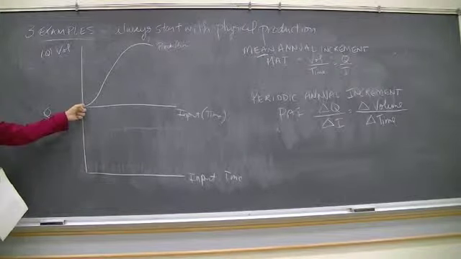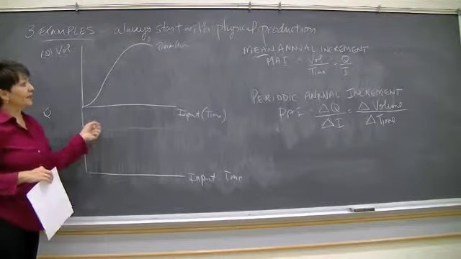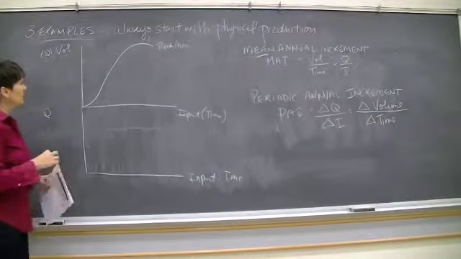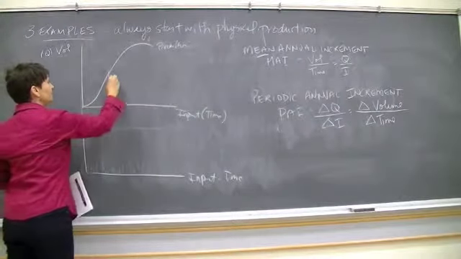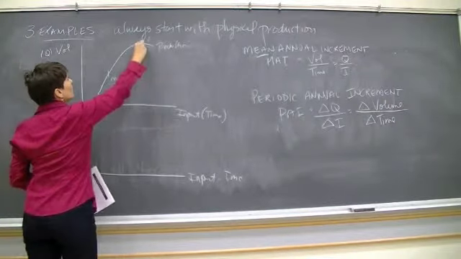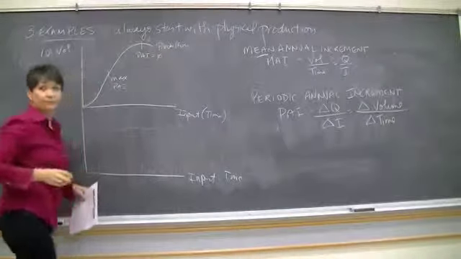So what I want to do is transfer the periodic annual increment and the mean annual increment down here and make a decision. So I know that this is the maximum PAI, and I know that this is where PAI equals 0.